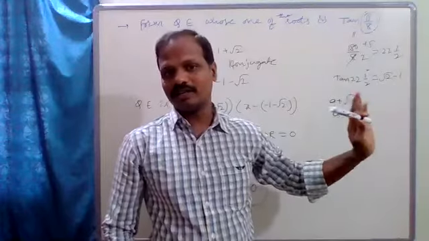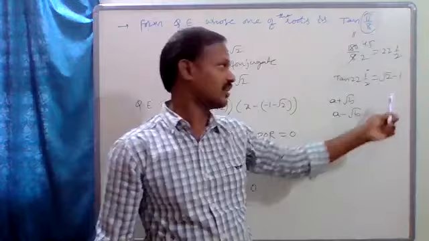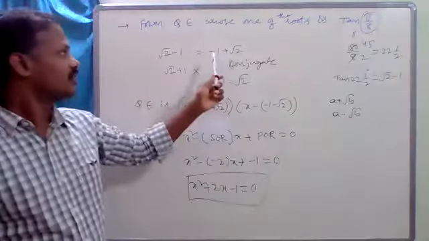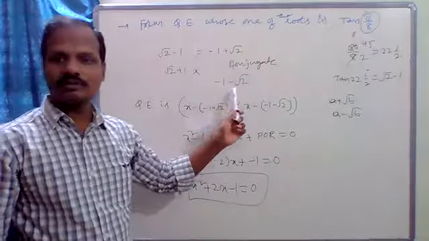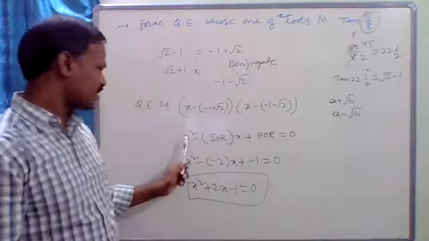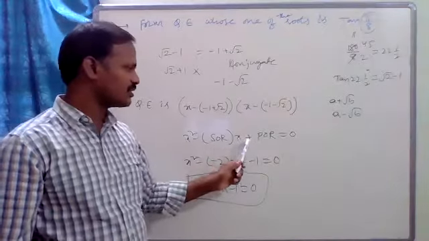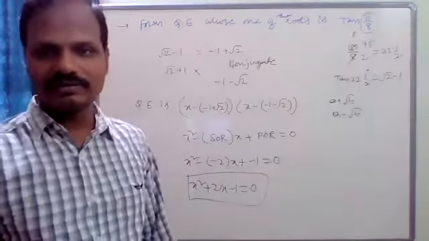The conjugate should be irrational, that means it should be for root 2. So the given root is minus 1 plus root 2, and the conjugate is minus 1 minus root 2. So x square minus sum of the roots into x plus product of the roots equal to 0. Okay? Fine.